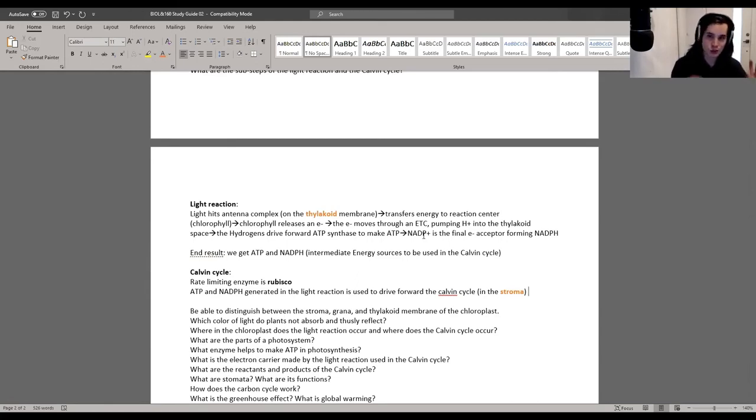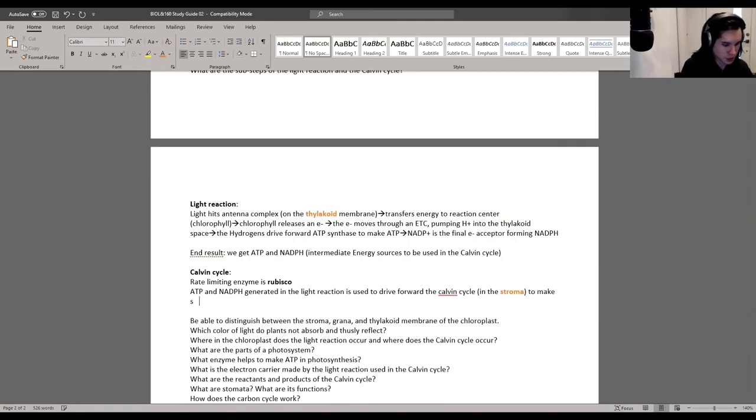Oftentimes what will happen is you'll store that CO2 during the day, if you're a CAM plant or a C4 plant, from your stomata being open, and you'll store the ATP and NADPH, and then you'll synthesize the sugars at night. So ATP and NADPH generated in the light reaction are used to drive forward the Calvin cycle in the stroma to make sugars from atmospheric CO2.